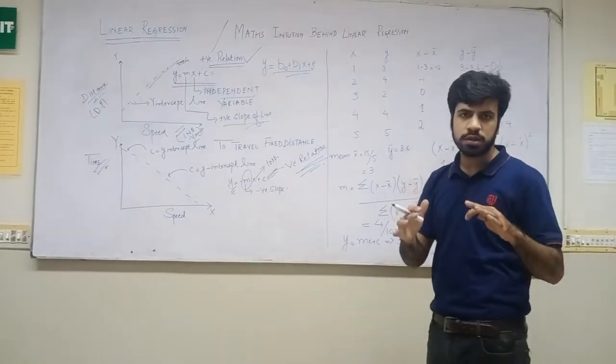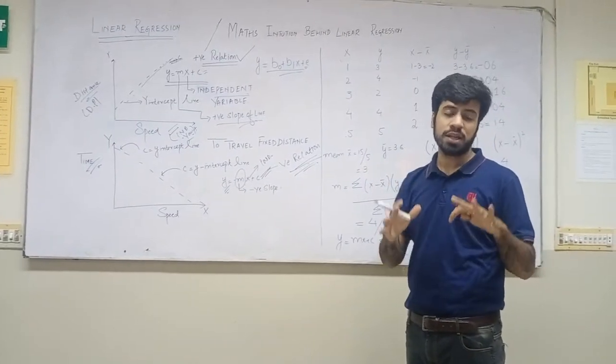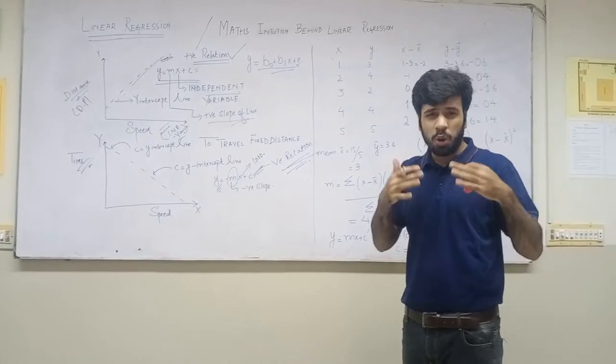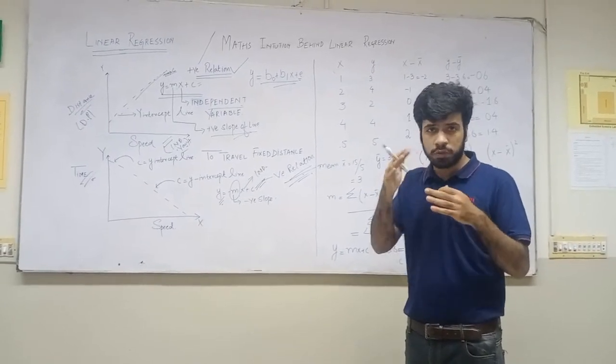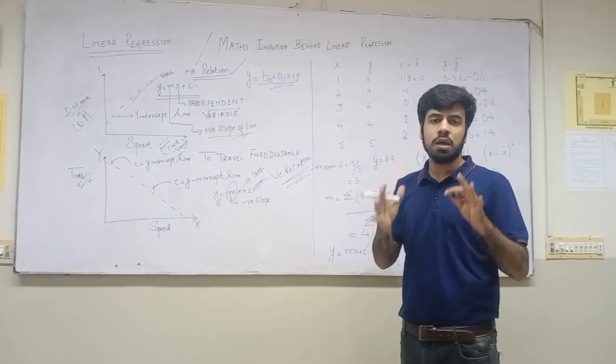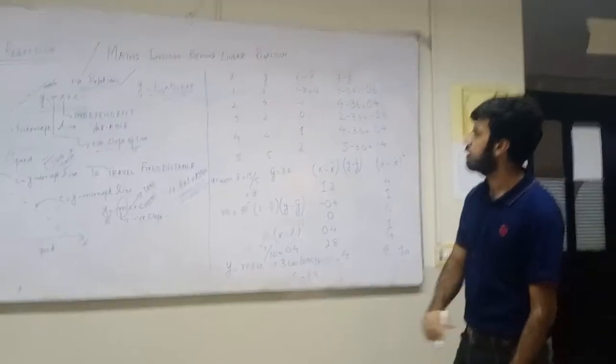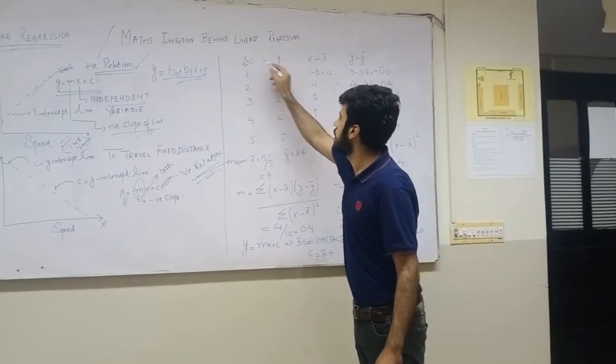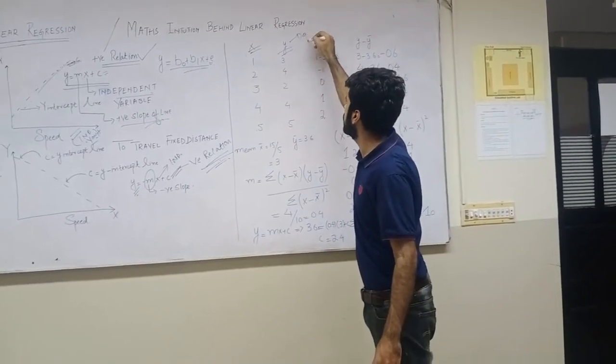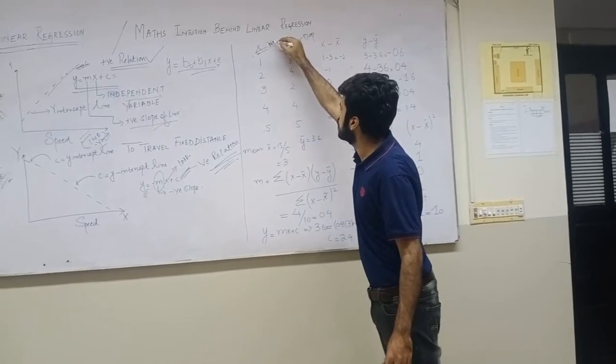Now let us understand the linear regression algorithm. How does it work? How do we plot our data points and how do we get the best fit line? If we have the data points of x and y, x is my independent variable and y is my dependent variable.